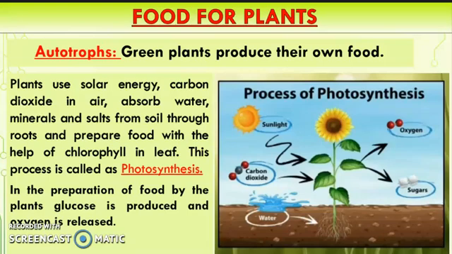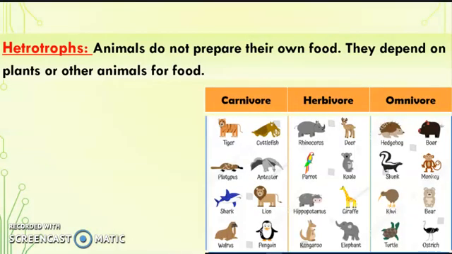Okay, now let us look at the next one. The animals are called heterotrophs. Why? Because animals do not prepare their own food. See, the plants prepare food from their own environment without consuming any other living component.